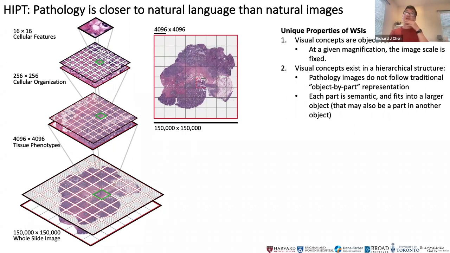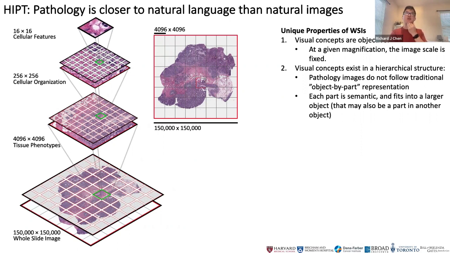At least within pathology, I think it's much closer to natural language, because for a pathologist, from people that I've talked to, there is this visual vocabulary that's waiting to be tokenized and learned.